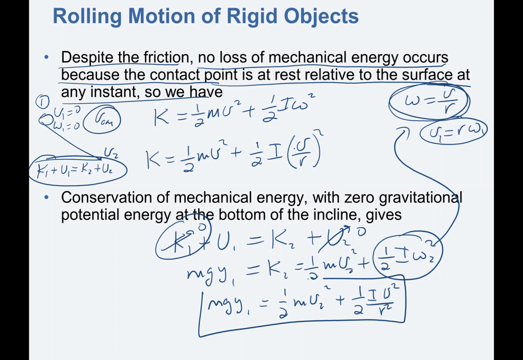There are a number of things you can do from here. You can calculate the speed 2 by rearranging and factoring out. Then speed squared is equal to 2 times mgy1 divided by, 1 plus the moment of inertia term. You can see it ends up being something like that.